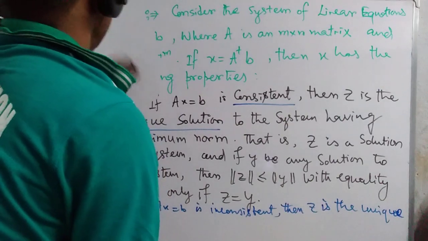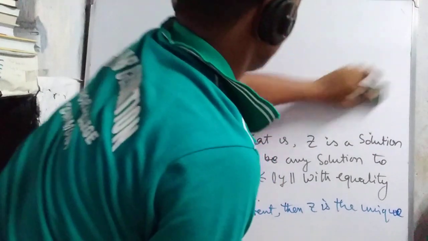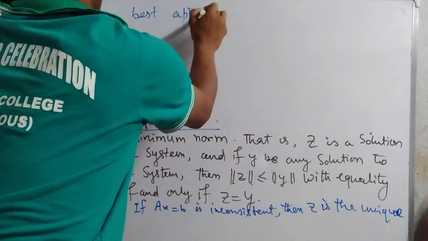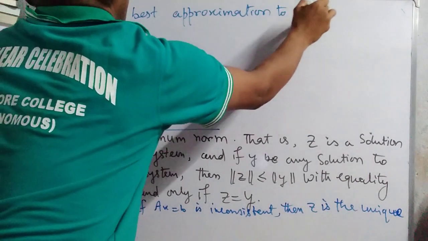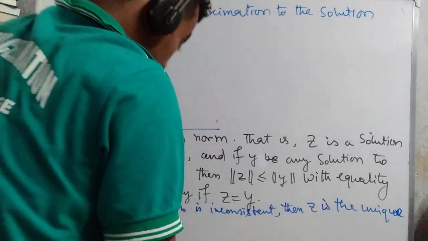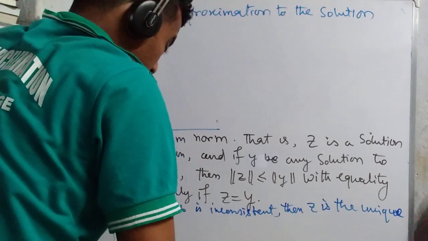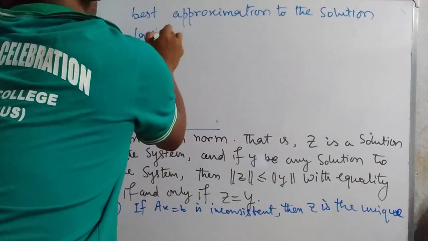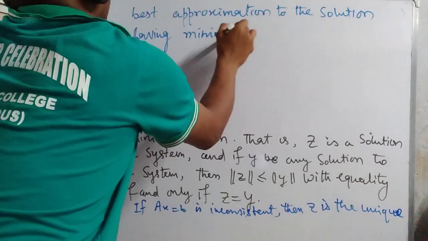Z is the unique best approximation to a solution having minimum norm.